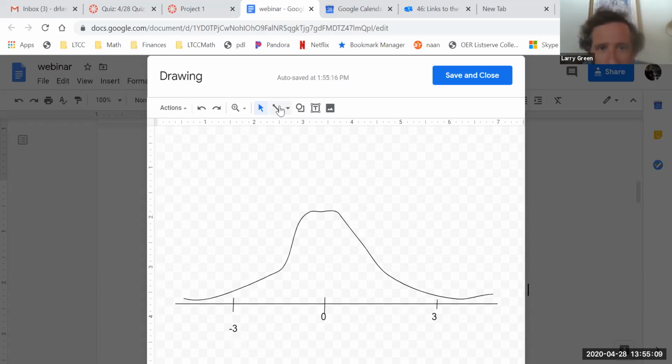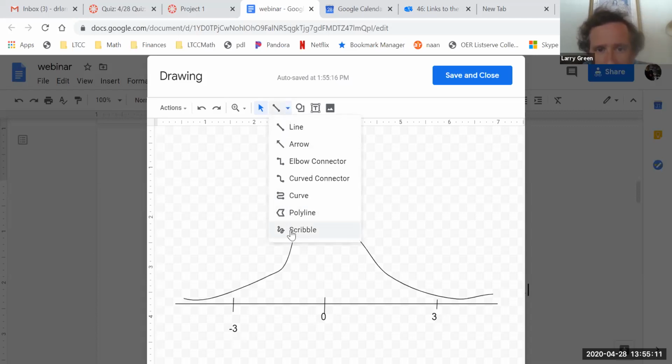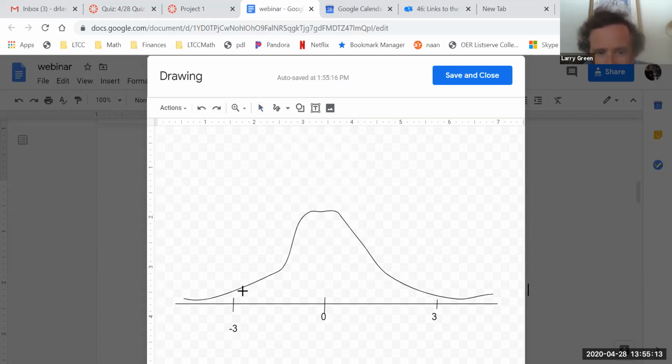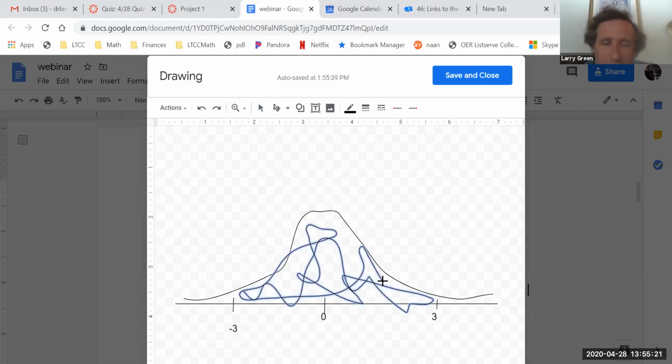What is the area? Let me scribble it. All that stuff between 3 and -3. What's that area?